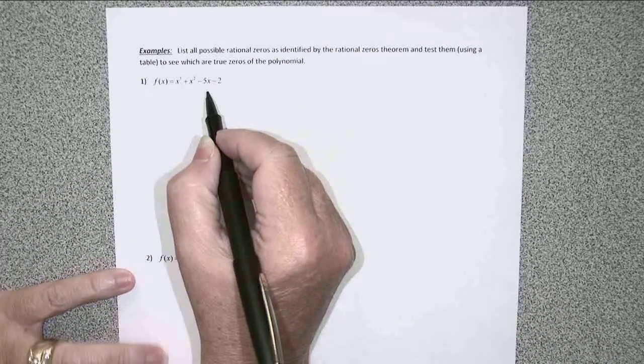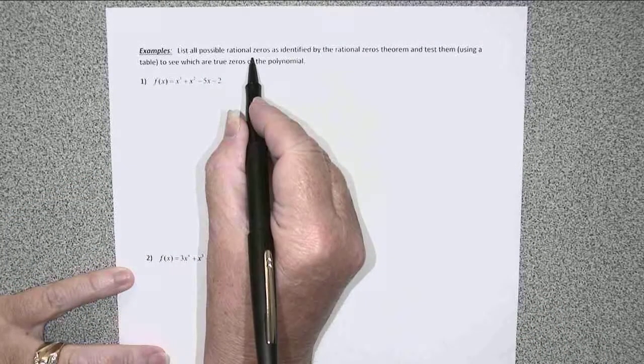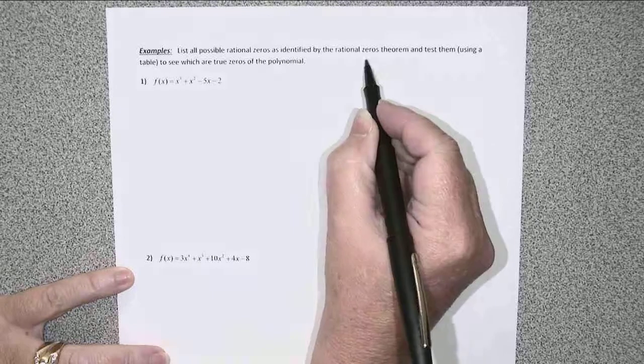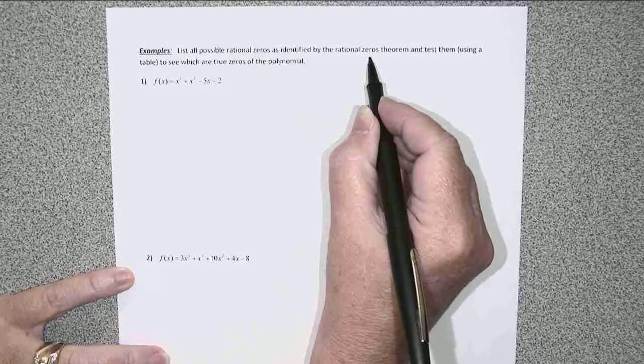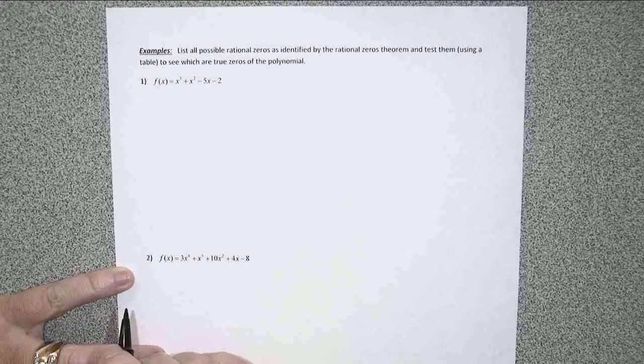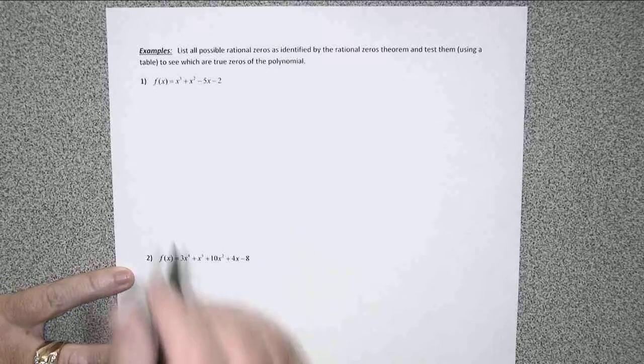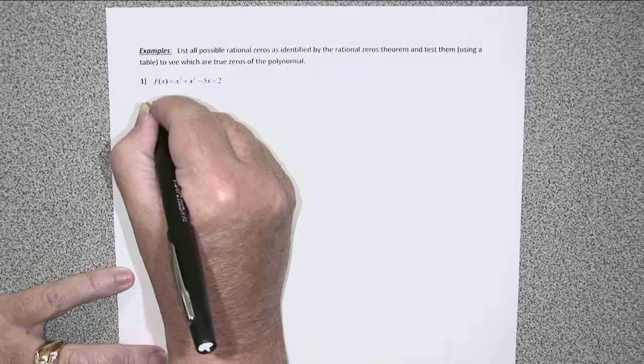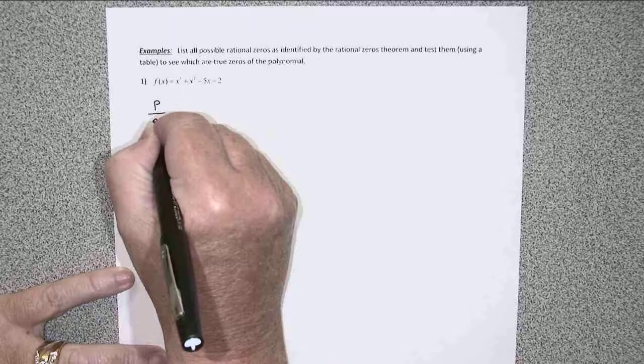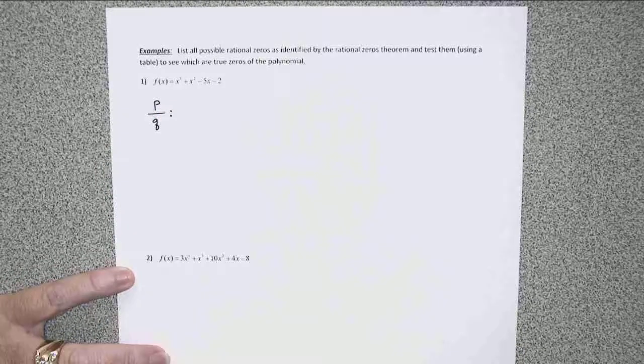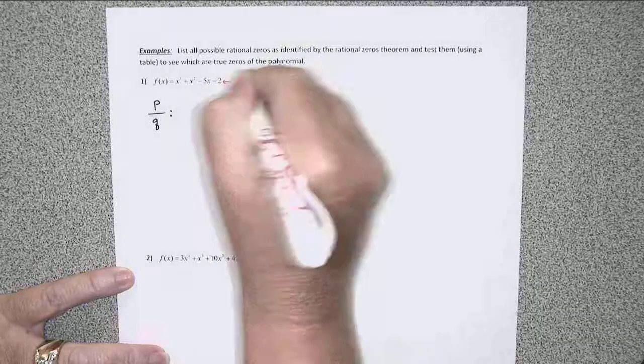In our first example, we'd like to find all possible rational zeros identified by the rational zeros theorem, and then test to see which ones really work. So, I'm going to say my rational zeros are of the form P over Q. P has to be a factor of the constant term.